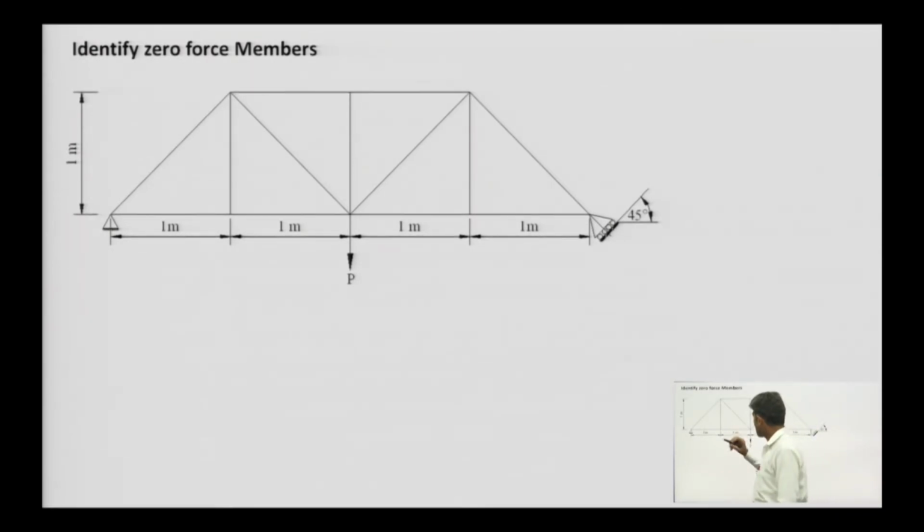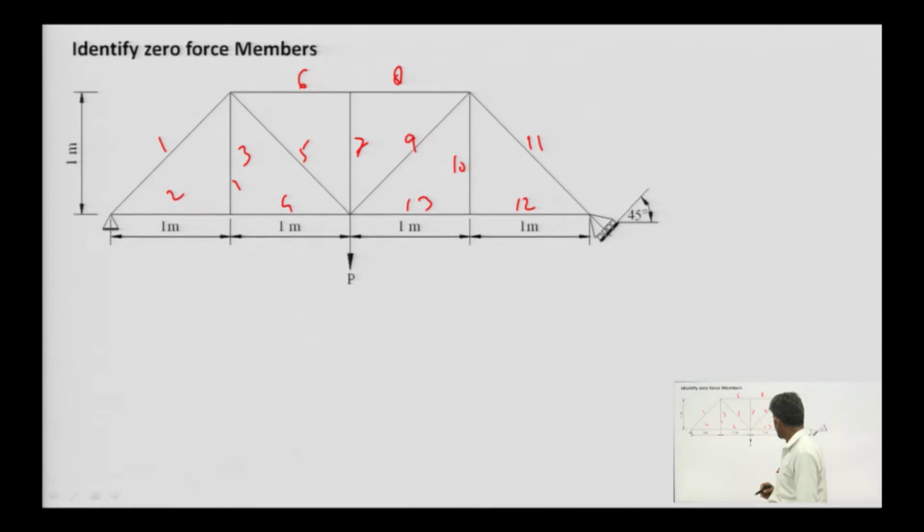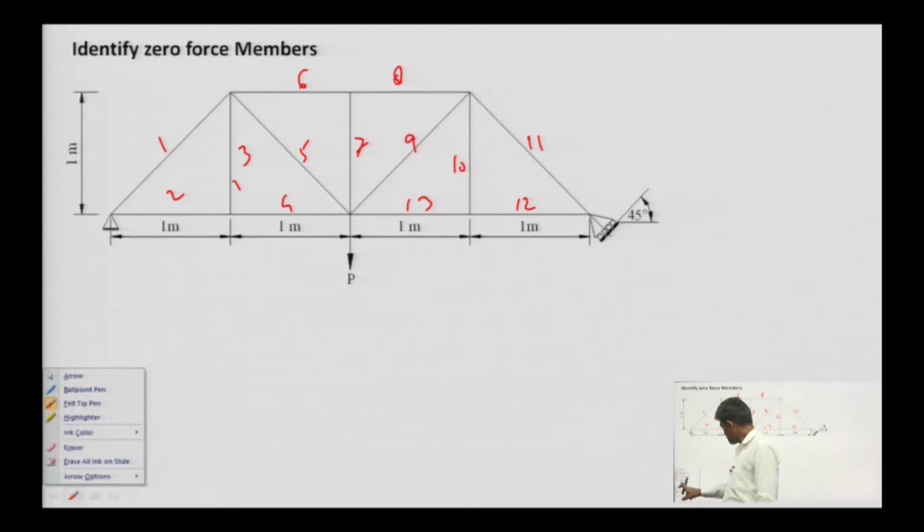So, say let us count, this is 1, 2, 3, 4, 5, 6, 7, 8, 9, 10, 11, 12, 13. Okay. Let us make the numbering of the members.